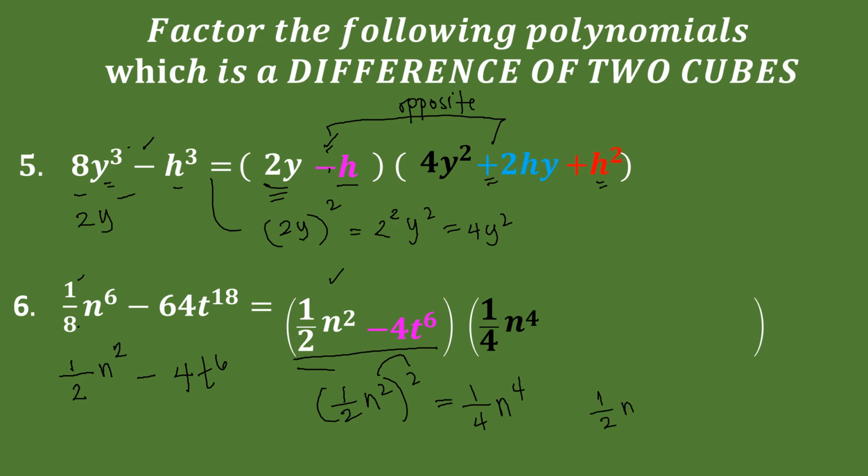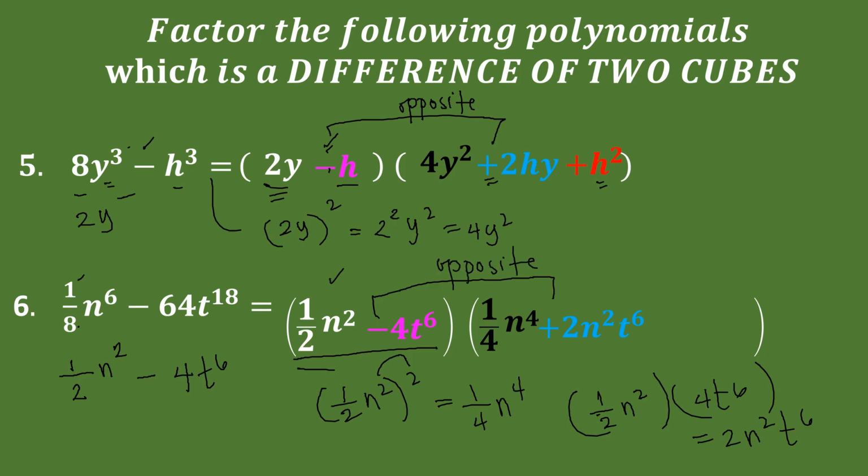So 1 half n squared times 4t to the 6. So remember, what is 1 half of 4? So it's a 2. So you just simply attach the variable n squared t to the 6. Okay, and that's it. 2n squared t to the 6. Again, they are always opposite.